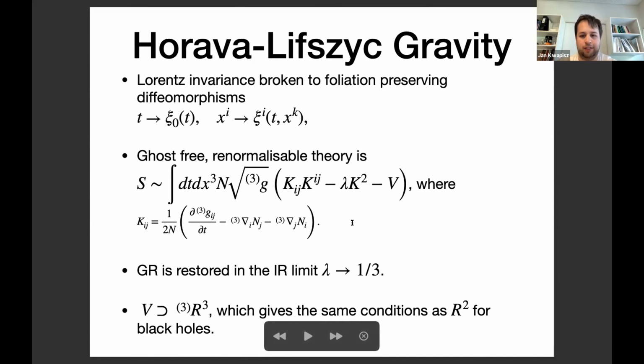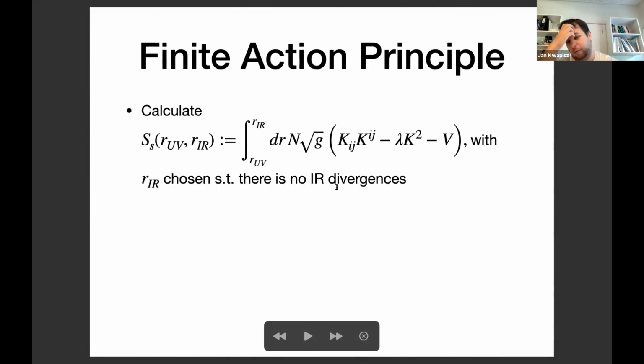So I won't go into details of the various Horava-Lifshitz theories and their constructions. What we would like to do is take a spacetime, for example some black hole spacetime, and calculate this action with various radii, because since we are discussing black holes, the radial coordinate is the most relevant one for us, and all other integrations are in a sense implicit, so I didn't put them here.